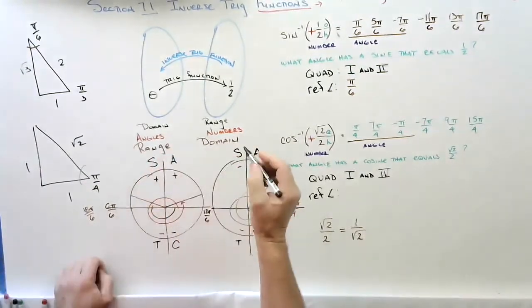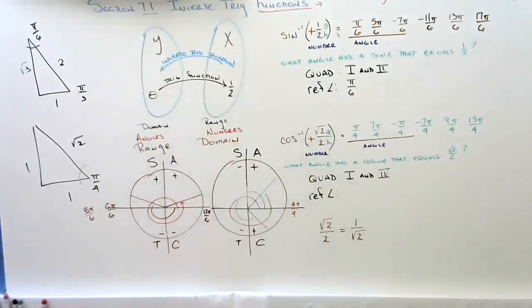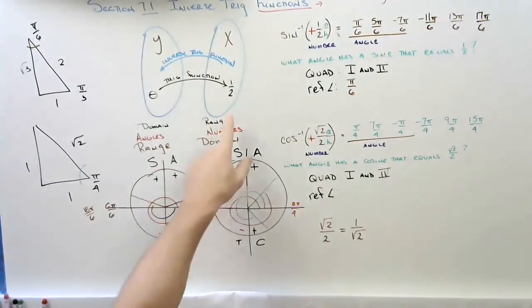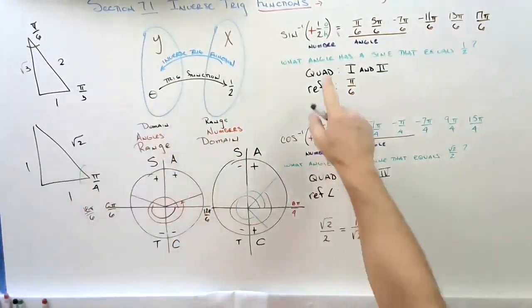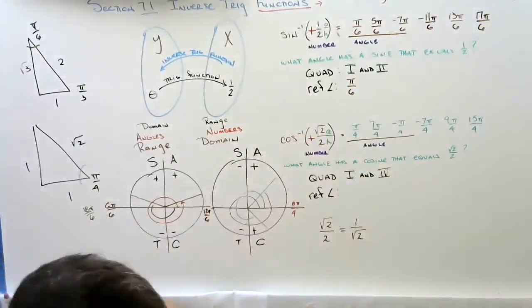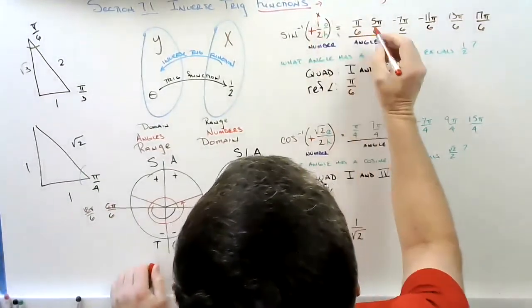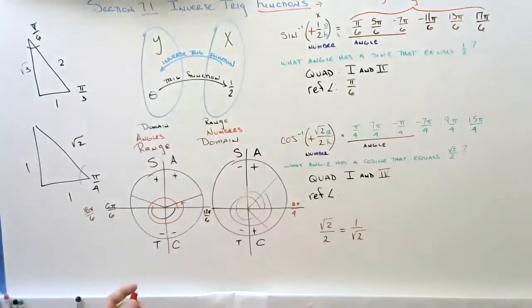Which means for inverse trig functions, this is x and this is y. So 1/2 is my x, my angle is my y. Those are all my y's.